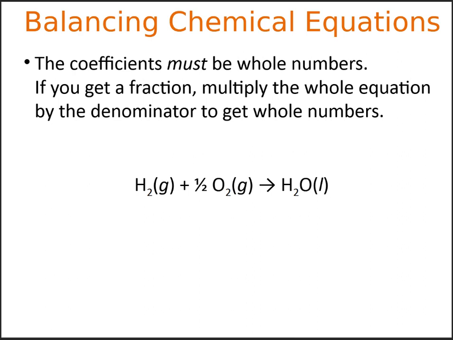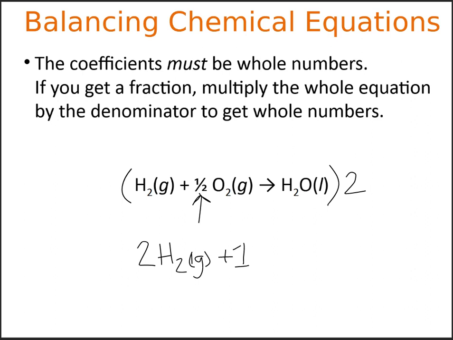You have to have a whole number for your coefficient. So here, in balancing this equation for making water, there's a fraction. If you have a fraction, you multiply by the denominator, which in this case is 2, so that your new equation is this.